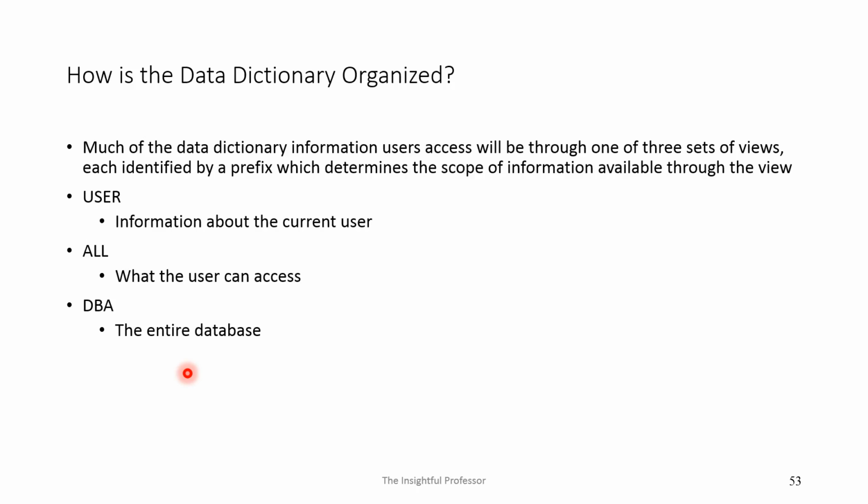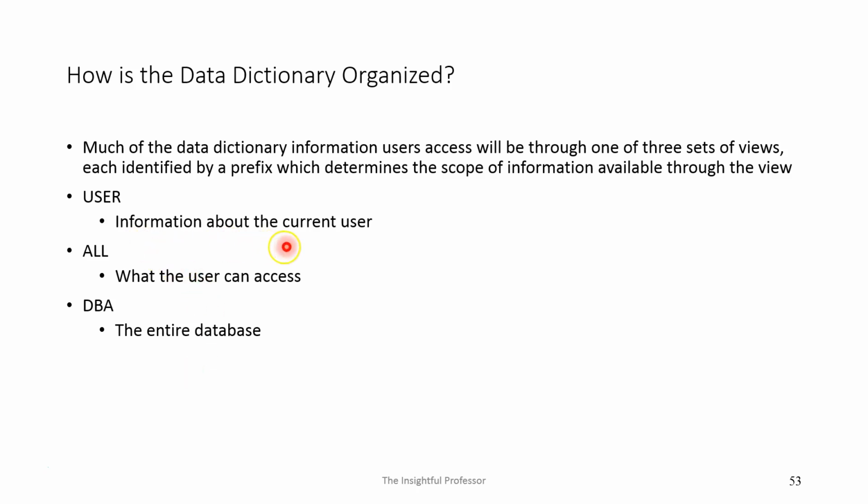Now, the way the data dictionary is organized is there are three different levels for the most part. There are views prefixed with USER, views that are prefixed with ALL, and views that are prefixed with DBA. So the names actually begin with these little phrases. User tables, all tables, DBA tables are examples of different levels of information.